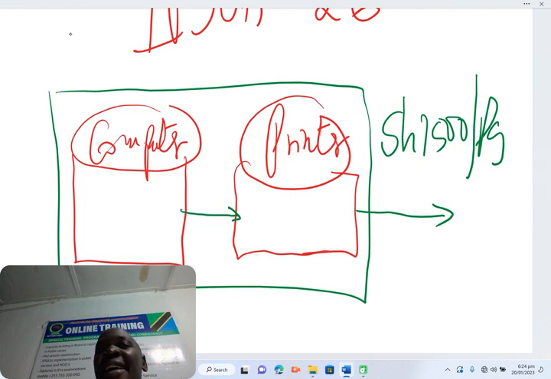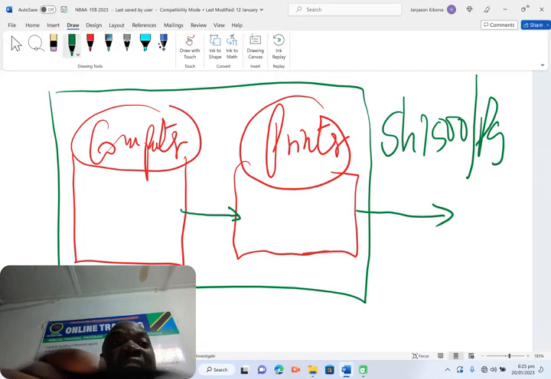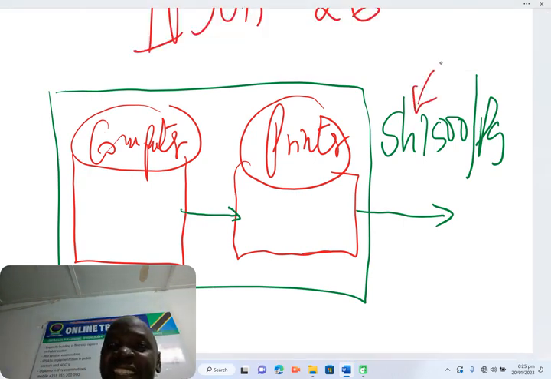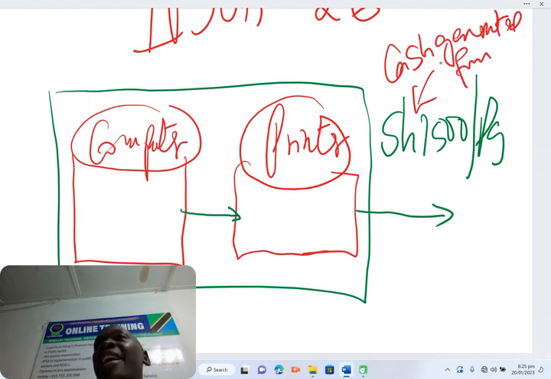Now, this 1,500 is a cash generated from how many assets? Generated from where? From 2 assets.